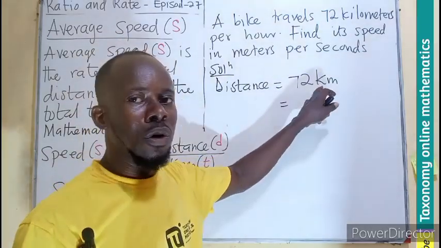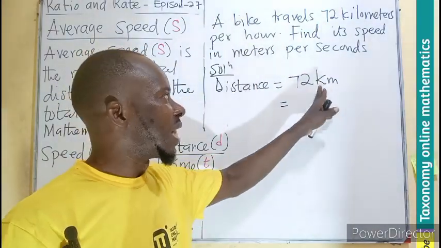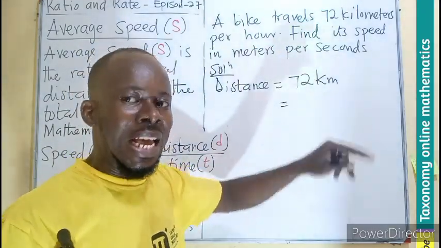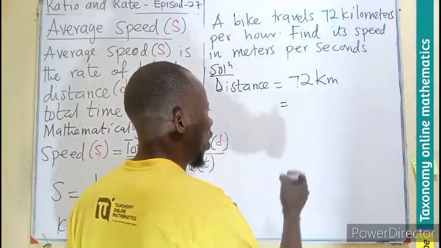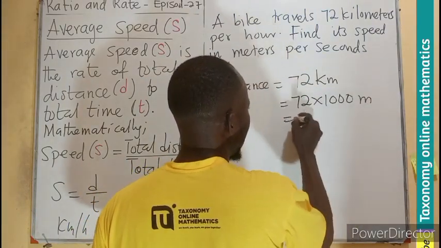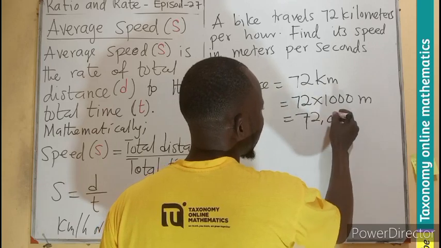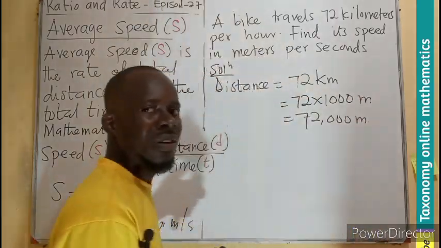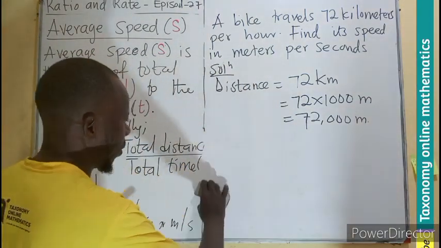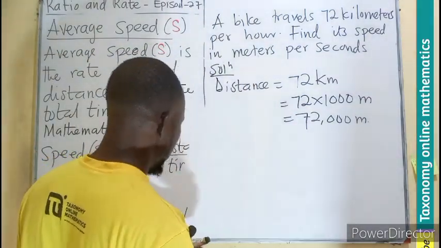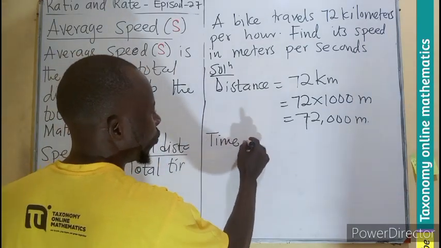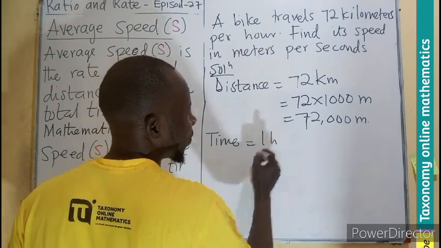Don't forget, kilo means 1,000. So if it is 1,000 meters, then it means 72 times 1,000. So I'll have 72 times 1,000 meters, 72,000 meters. Then for the time, we have it to be 1 hour.